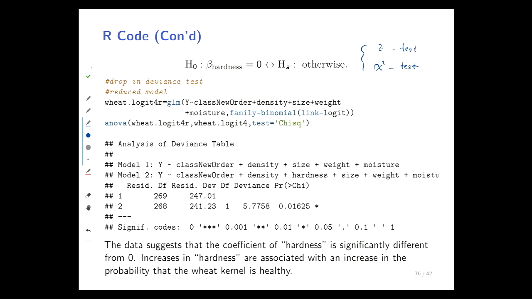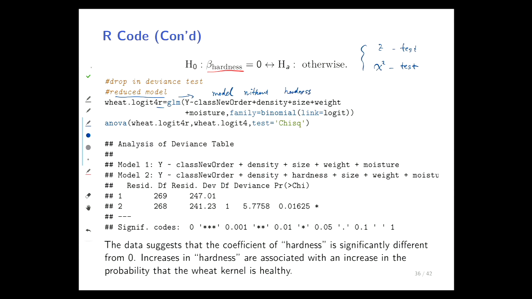Here, in order to test this, we still need to define the reduced model and the full model. Because we consider the null hypothesis with the coefficient of hardness being 0, the reduced model is the model without this variable, without hardness.